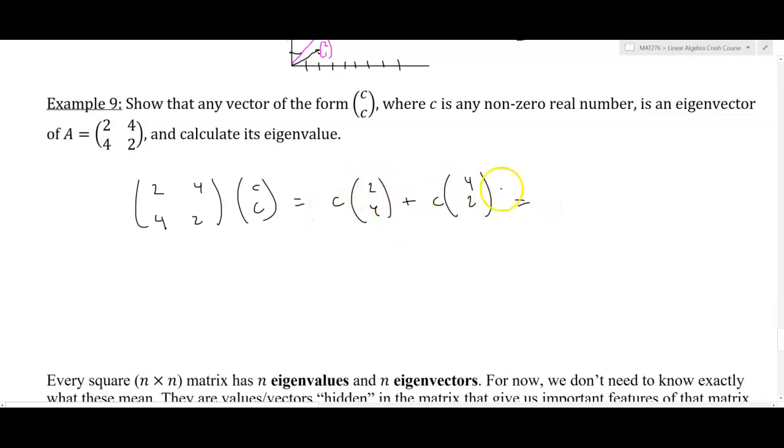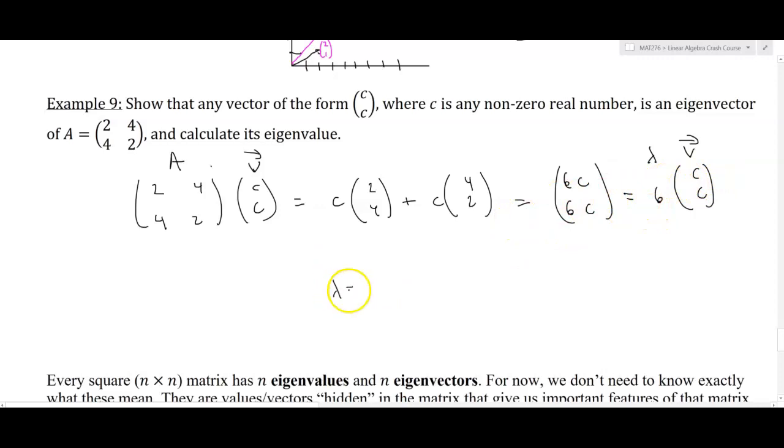I will get 2c plus 4c is 6c, and 4c plus 2c is 6c, and already I can see that I could factor out a scalar of 6. Therefore, this is an eigenvector, this is the lambda, and it's the same as the vector that went in, just scaled by a factor of 6.